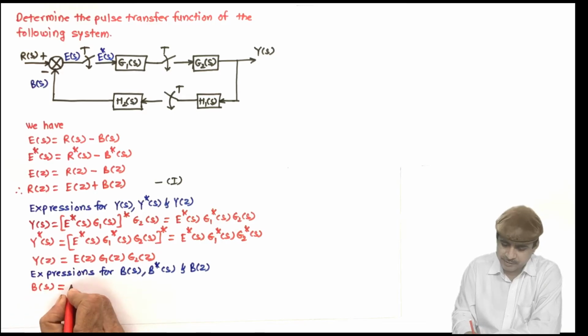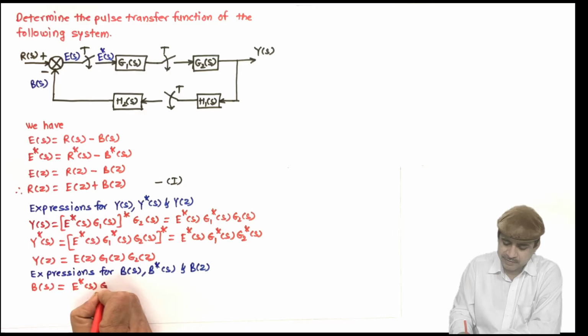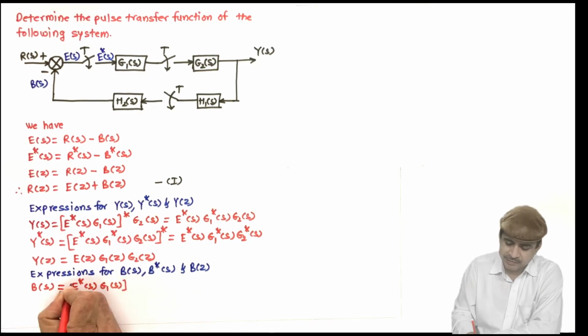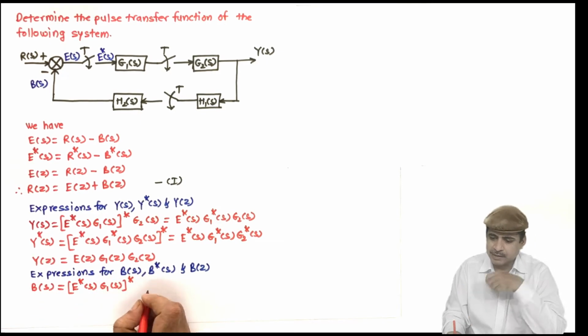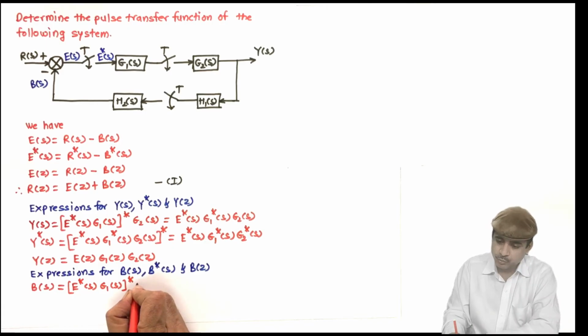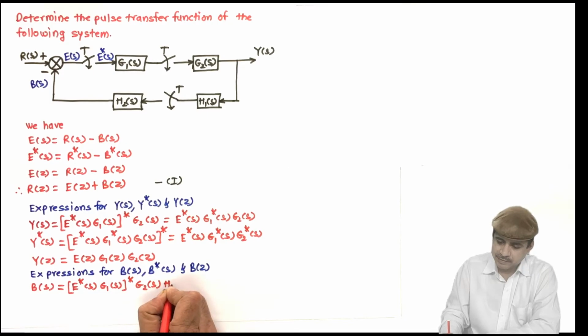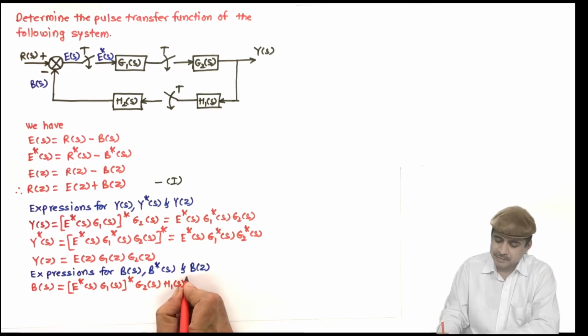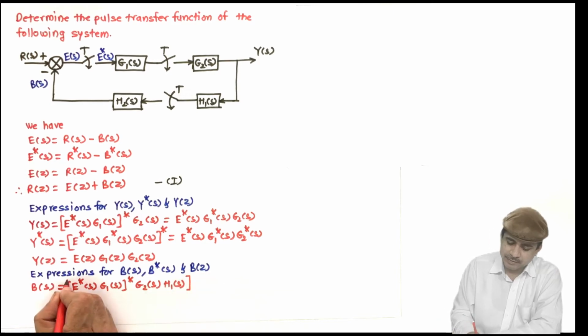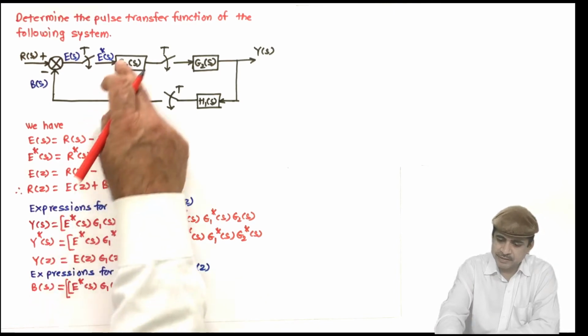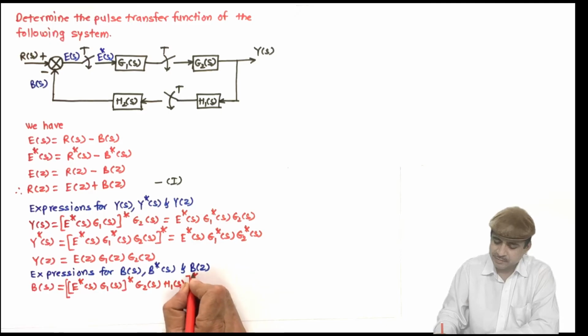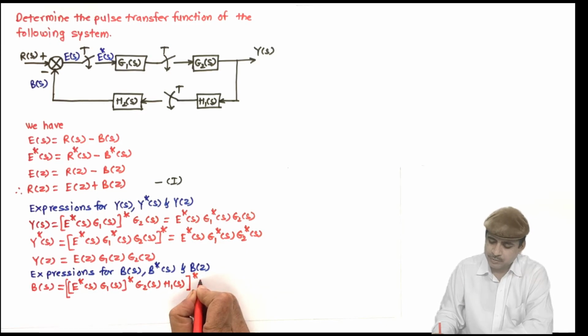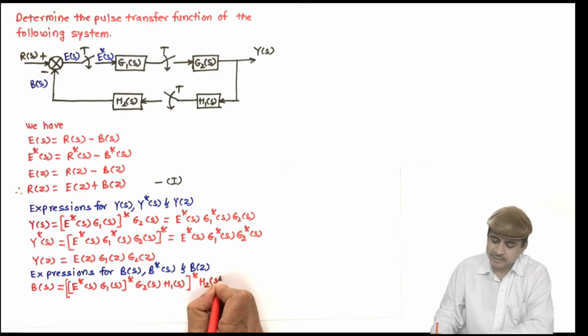So B(s) is E*(s) G1(s), its star, into G2(s) H1(s), star of this entire, into H2(s).